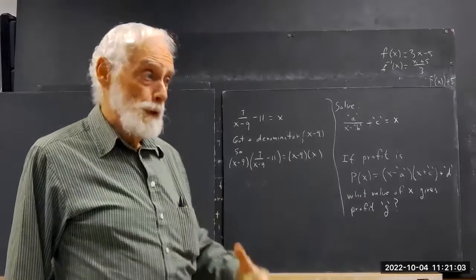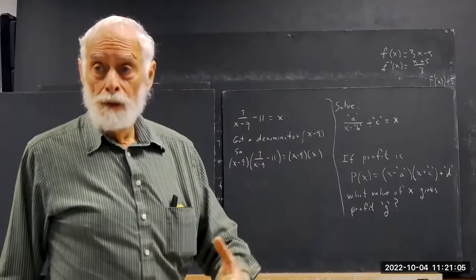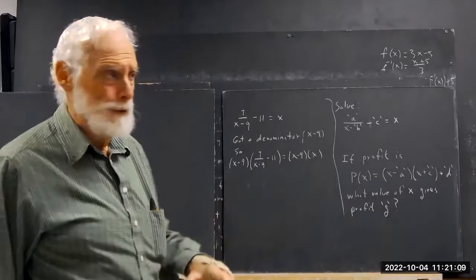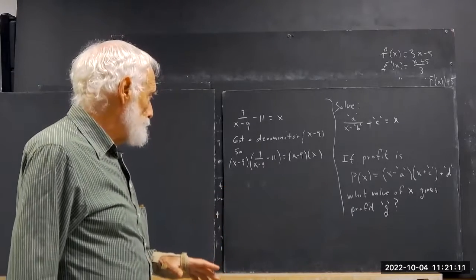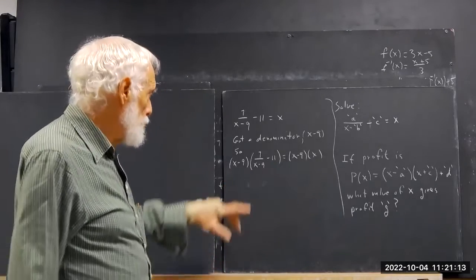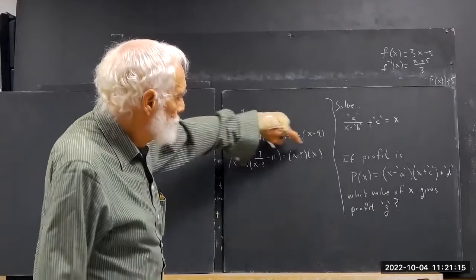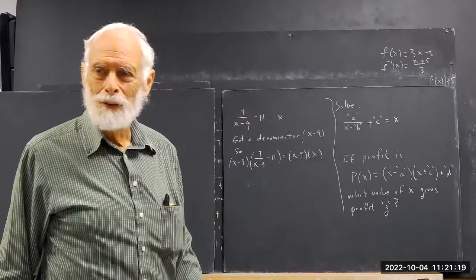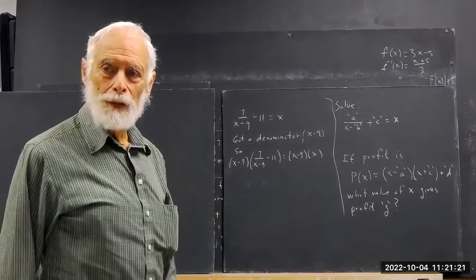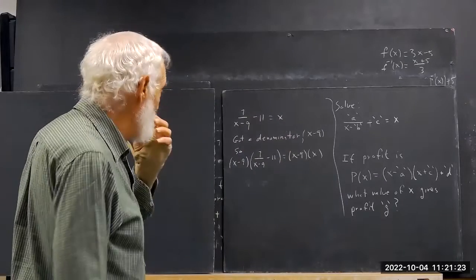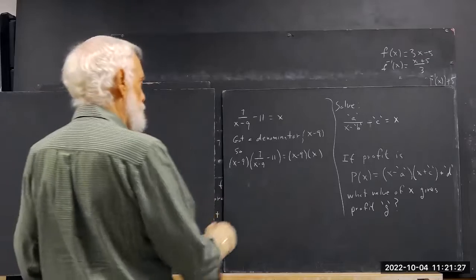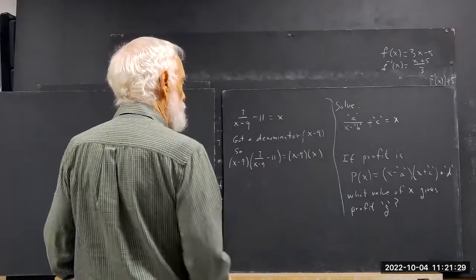If we're used to multiplying through by denominators, 99.9% of the time or more, it makes everything simpler. There are probably exceptions, but they're contrived. You don't want to deal with the fractions. So now what do we do?